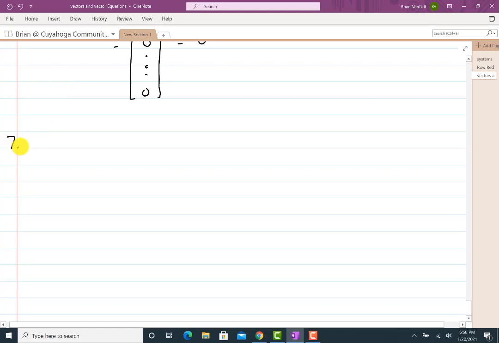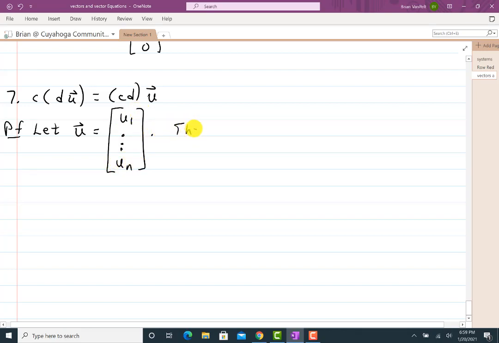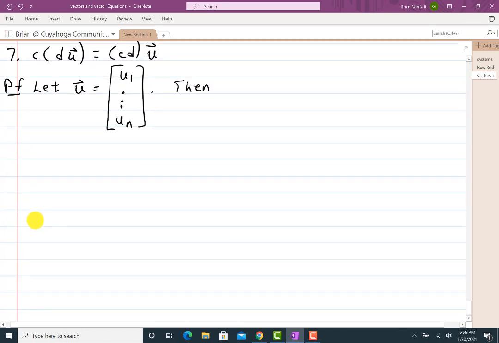How about number 7? Here we want to do this associativity rule. Well, let's give it a try. Remember, c and d are real numbers. Once again, let's see what c times du looks like.